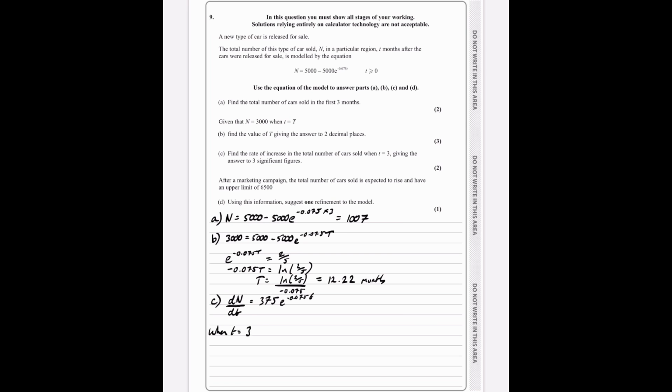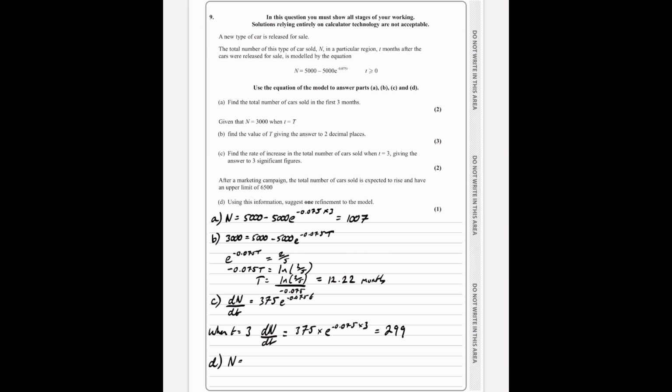The negatives cancel. So we get 375 e to the power of negative 0.075t. Plugging t equals 3 into that differential, 375 times e to the power of negative 0.075 times 3 is 299.